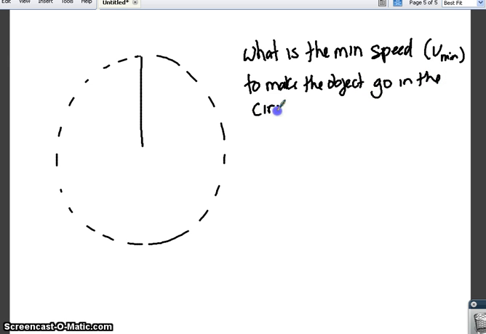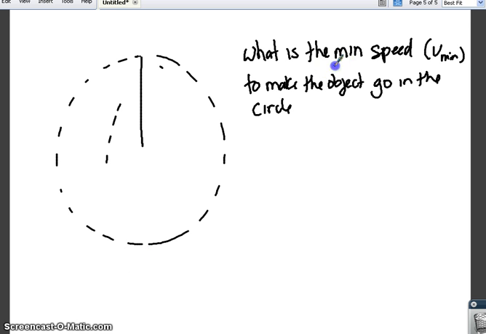And really what they're talking about is what is the minimum speed to get past this point? Because you could imagine if you were spinning a bucket of water around, at this point, if it wasn't going fast enough, instead of spinning around, it would just come crashing down, right? Because gravity would take over.